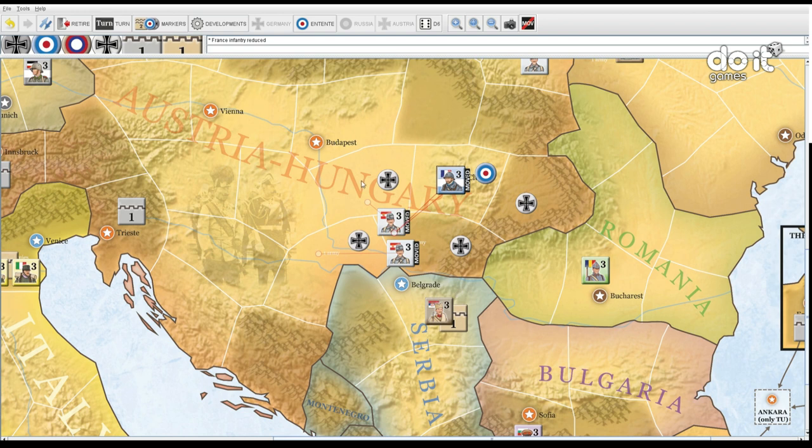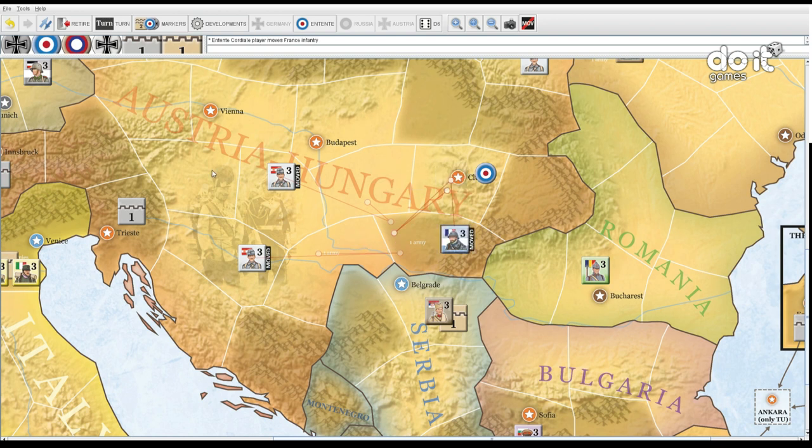I forgot one thing when I was explaining how to change the control of one area. I can change the control of one area for those areas that I leave without supply to the enemy. For example, if I move one French unit, let's say this is Austro-Hungarian, okay?